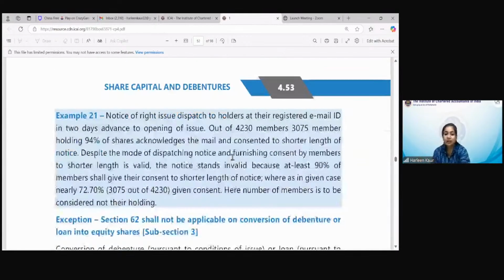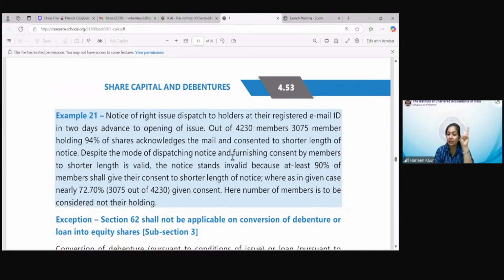Now, how are they dispatching? At their registered email IDs, 2 days in advance of the opening of the issue. Out of 4,230 members, 3,075 members holding 94% of shares acknowledge the mail and consented to the shorter length of notice. First of all, we are assuming that it is talking about a private company.